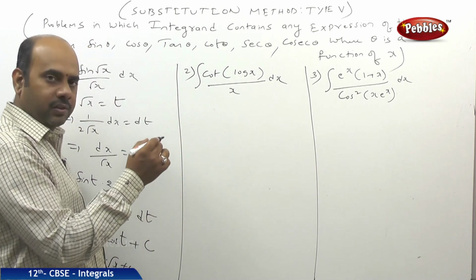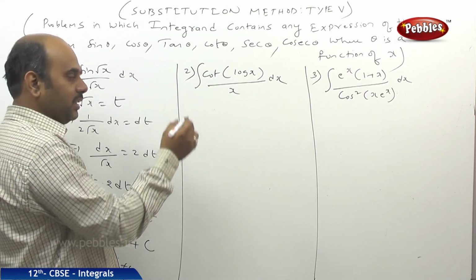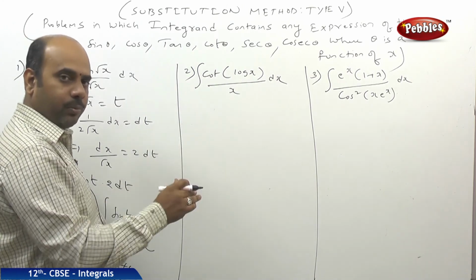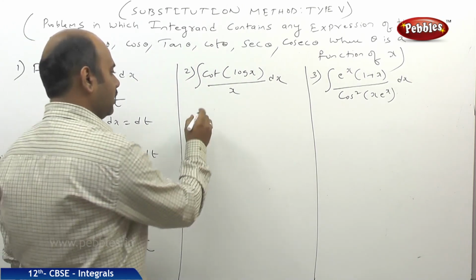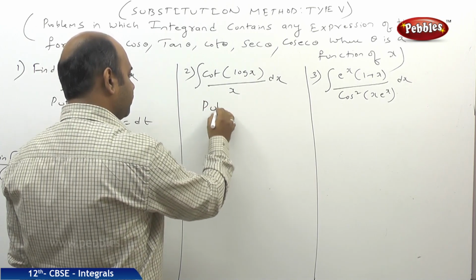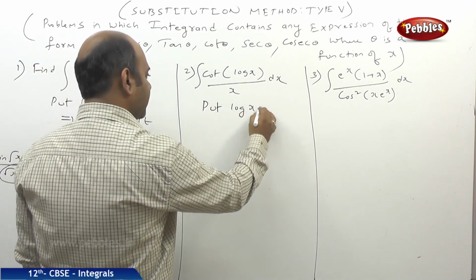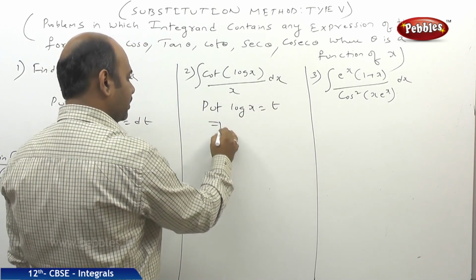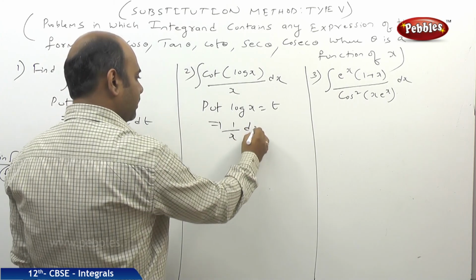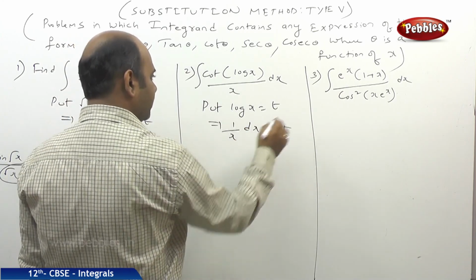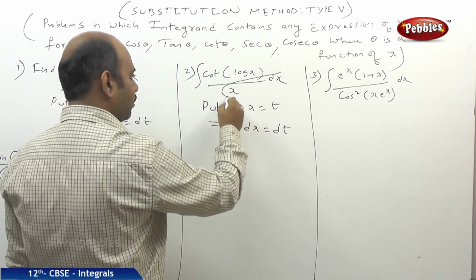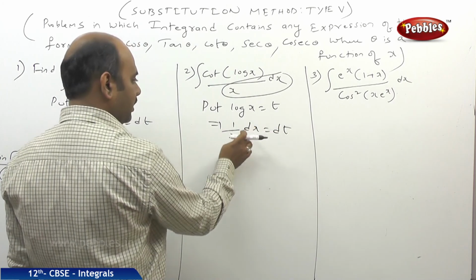So our function will turn in terms of t. So put log x is equal to t. This becomes 1 by x dx as dt, so this whole thing will turn as dt.